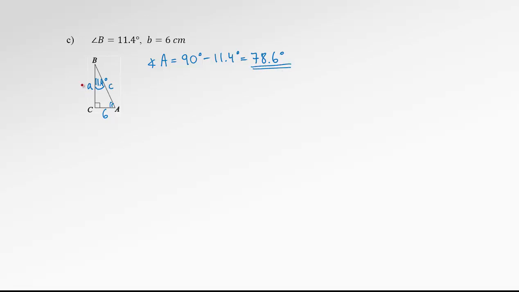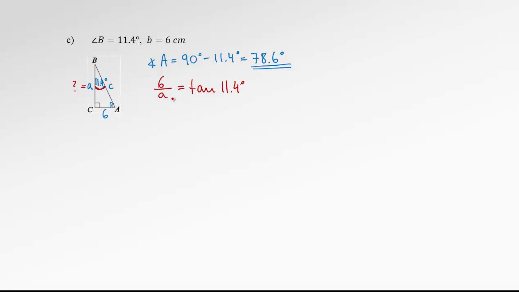Now, let's figure out what a is. In order to do that, we need to make a ratio that will involve a and 6. If we are looking for a function of angle 11.4, we should start with 6 over a rather than a over 6, right? Because that will be tangent, opposite over adjacent. So let's set up the equation. 6 over a is the same as tangent of 11.4 degrees, right? Now to solve for a, we need to make sure that a is in the numerator.